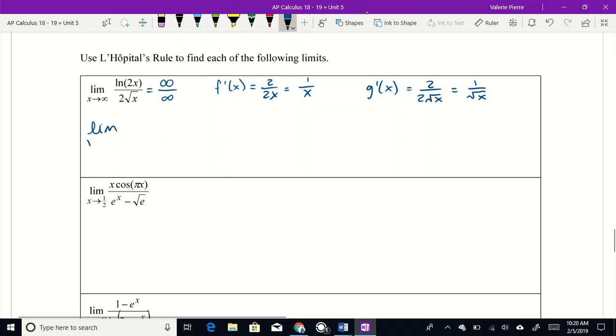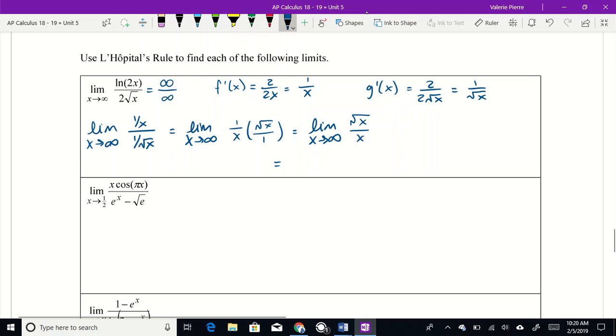So our new limit as x approaches infinity is of 1 over x over 1 over root x. So using keep change flip, we actually have the limit as x approaches infinity of 1 over x times root x over 1, which is equal to the limit as x approaches infinity of square root of x over x, which we can actually rewrite as the limit as x approaches infinity of 1 over root x.